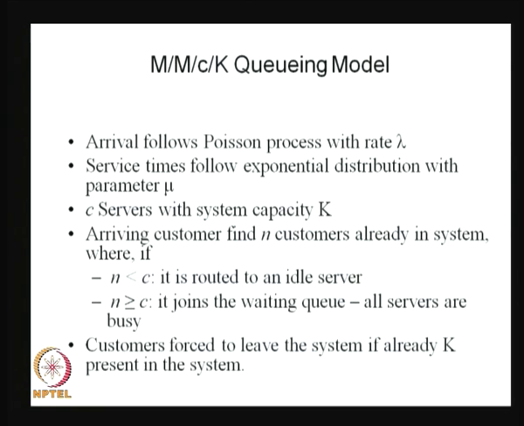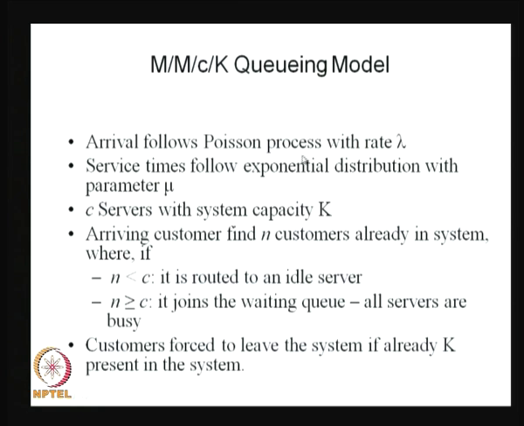Now, I am moving into the M/M/C/K queuing model. Here the change is that instead of one server as in the M/M/1 model, you have more than one server, C, and you have a finite capacity, capital K, for the system.